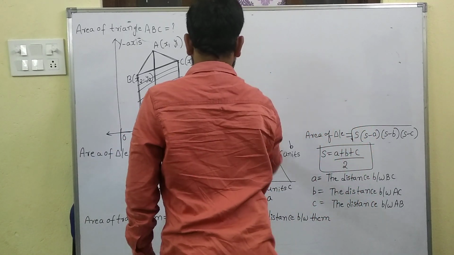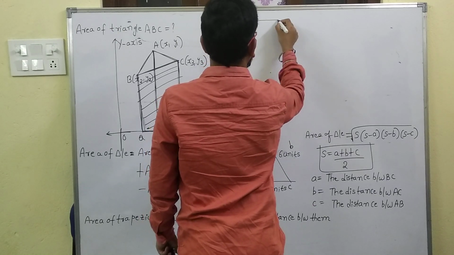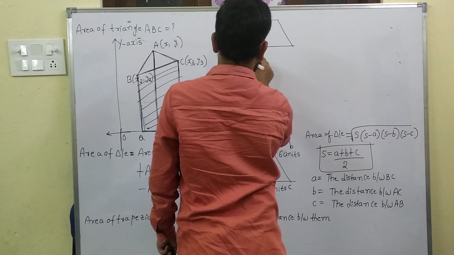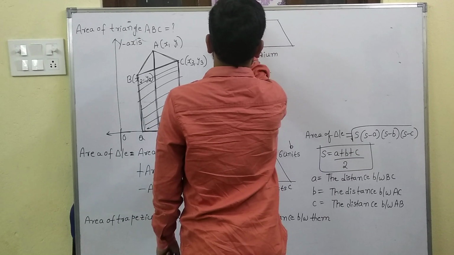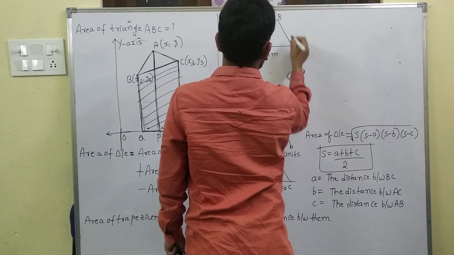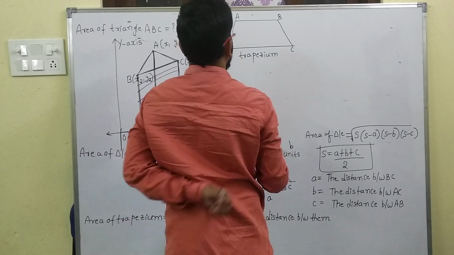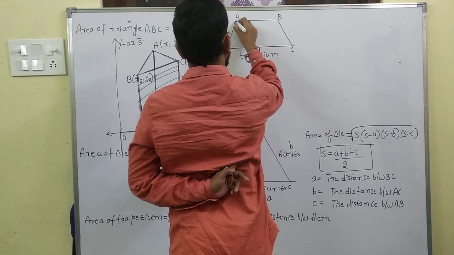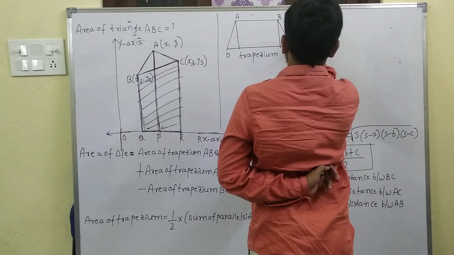Let's see here. This is a trapezium, the shape of a trapezium. So A, B, C, D. These are called heights, the distance between them.